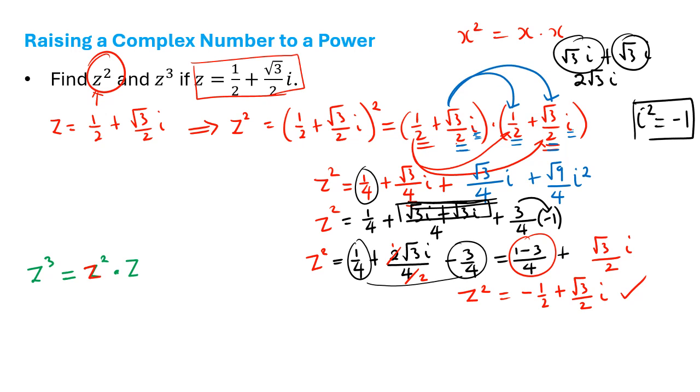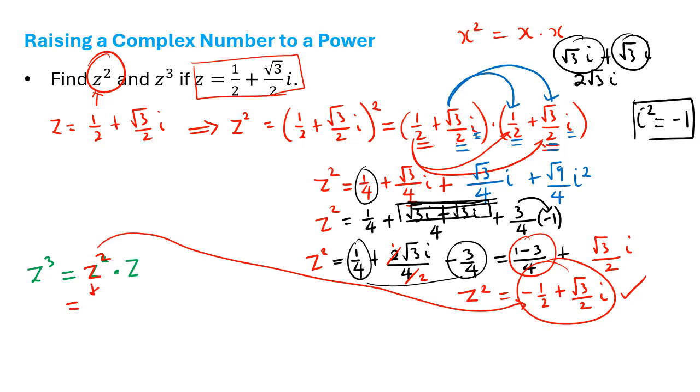And we just found z squared right here. See? So that result is what we need now. So in order to finish it off, we'll just go ahead and collect what we have here, and that would go in for z squared. So that will be negative 1/2 plus square root of 3 over 2i.